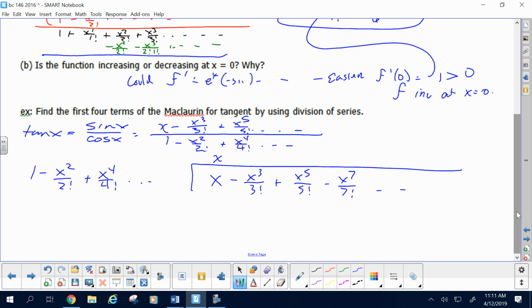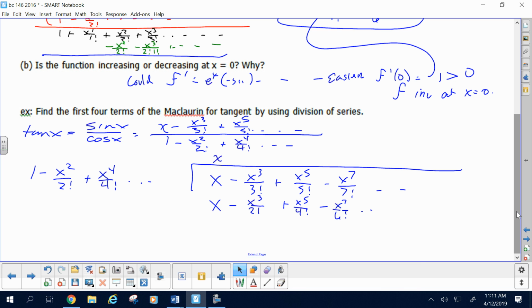X times, okay? Then I multiply. I get x minus x cubed over 2 factorial plus x to the 5th over 4 factorial, and so on. Then I get minus x to the 7th over 6 factorial. Are you with me?